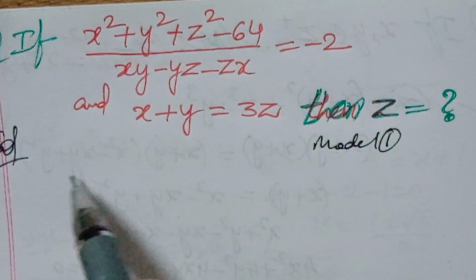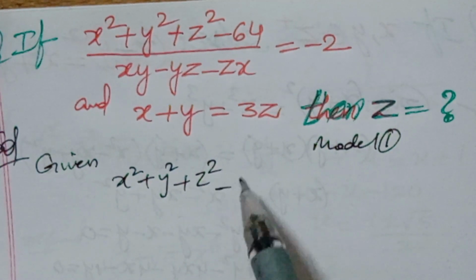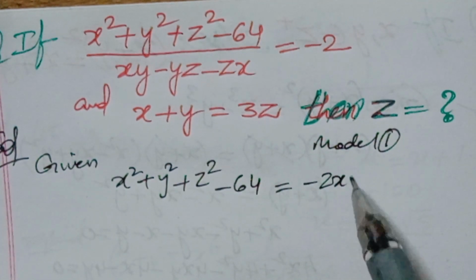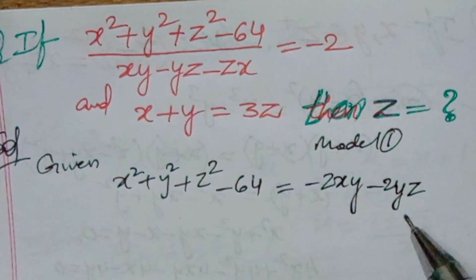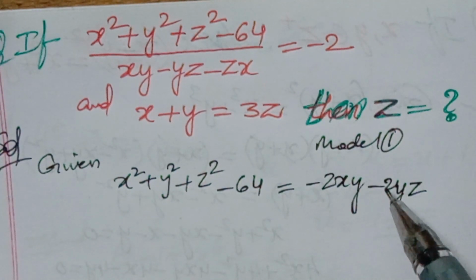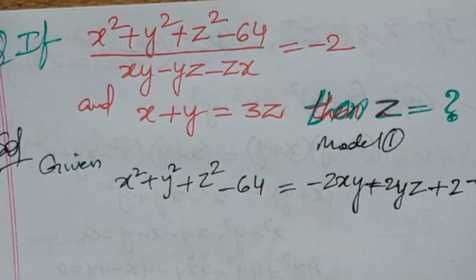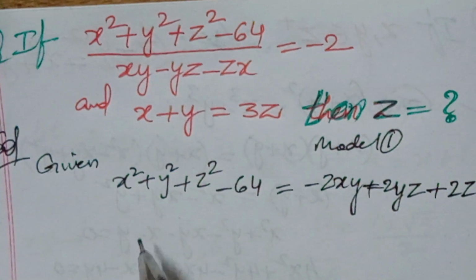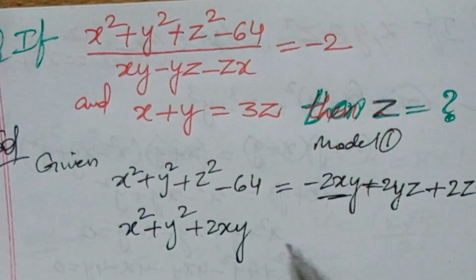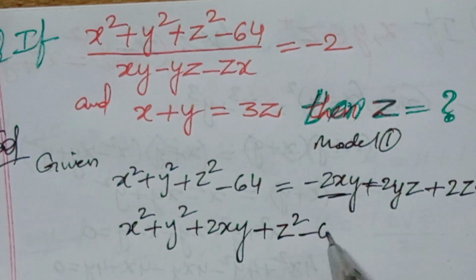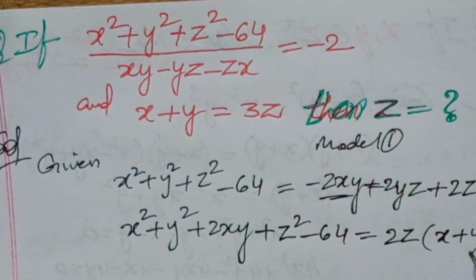First one: given x² + y² + z² − 64 equals, cross multiplying, −2xy − 2yz, minus into minus, plus 2yz, plus 2zx. So x² + y² + 2xy, sending 2xy to that side, plus z² − 64 is equal to 2z common, you will get x + y.